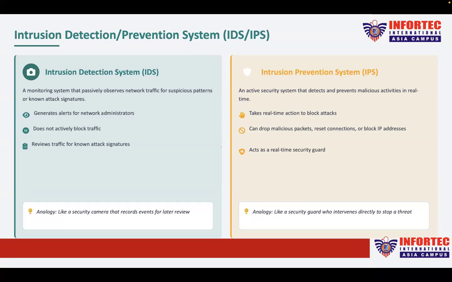So it generates alerts for network administrators. It does not actively block traffic. It reviews traffic for known attack signatures. And the next thing we want to discuss is the intrusion prevention system, or IPS.